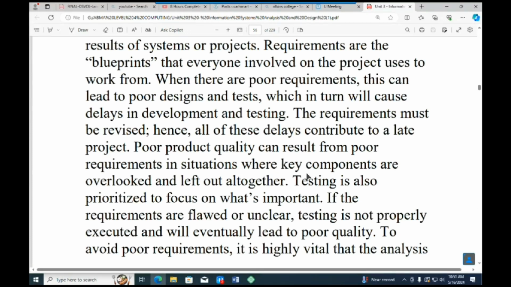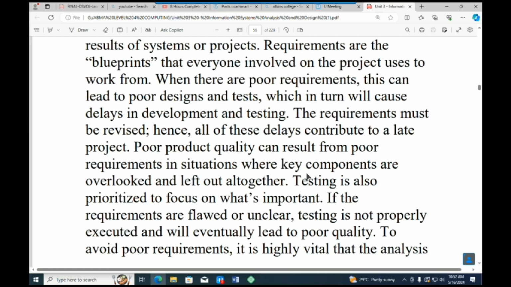When you revise the requirements because they are poor, you're going to have delays because you're going to spend more time revising requirements instead of going on with the development of the project. That means the project is going to be delayed in completion. Again, you can have poor product quality, which can also come from poor requirements.